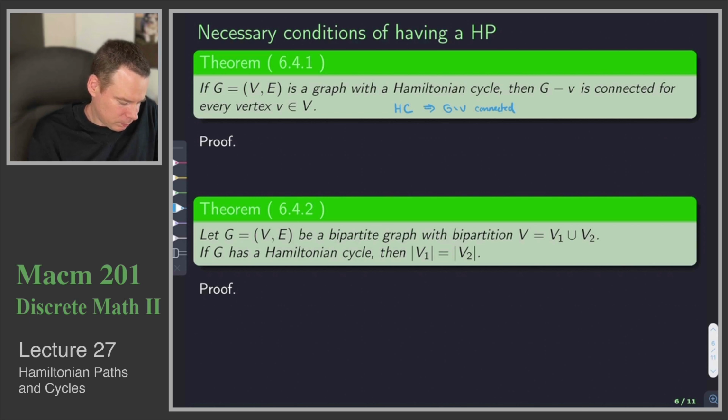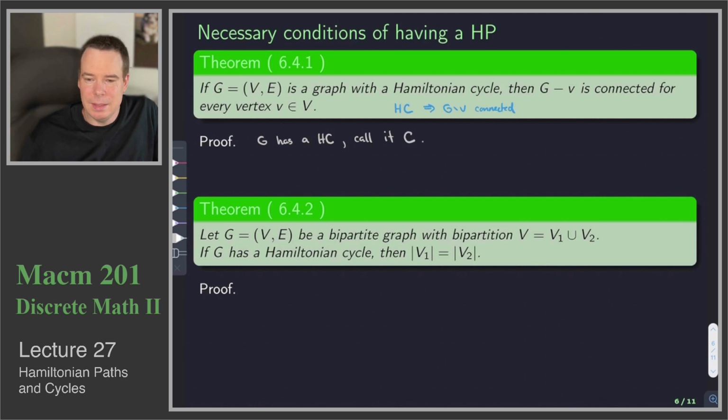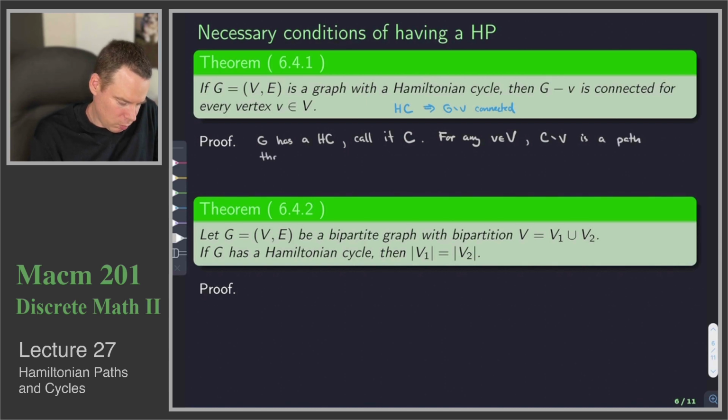So how do we prove this? Well, we've got that G has a Hamilton cycle. Let's call it C. So C is a cycle that contains every vertex in the graph G. For any vertex V, C take away V is a path through all vertices in V take away that vertex.